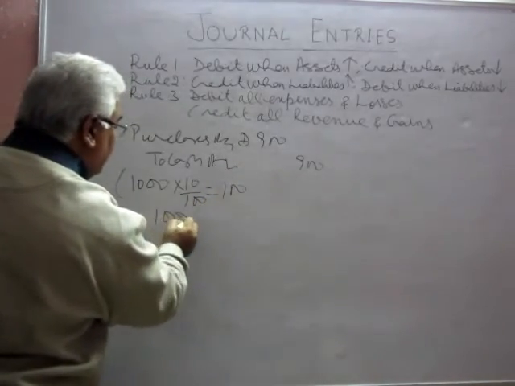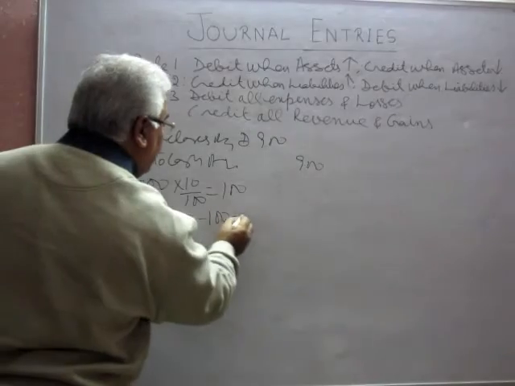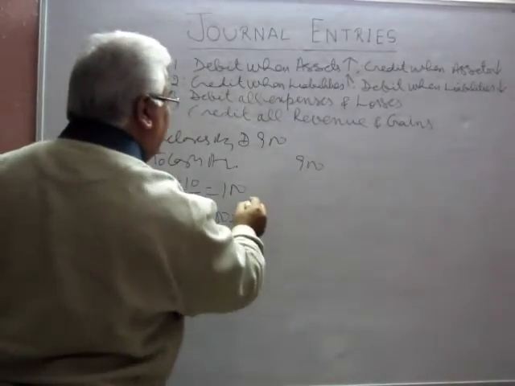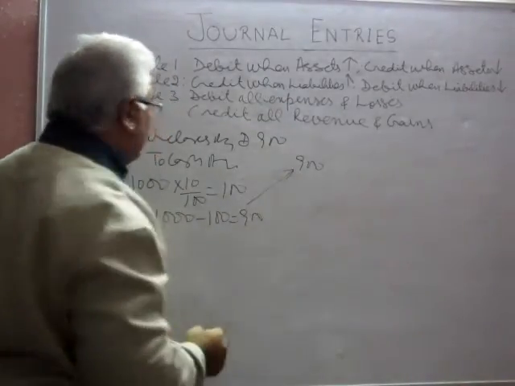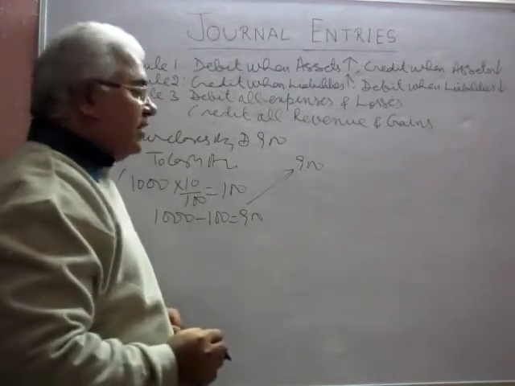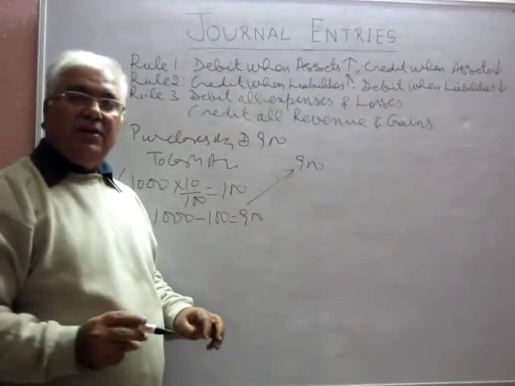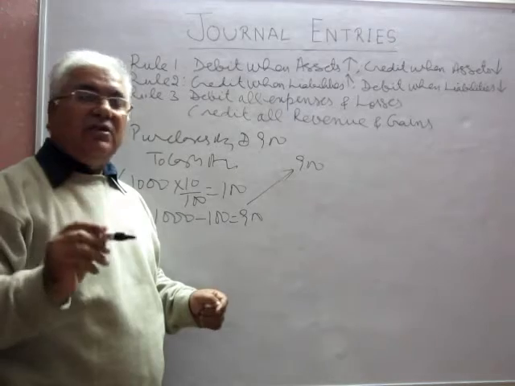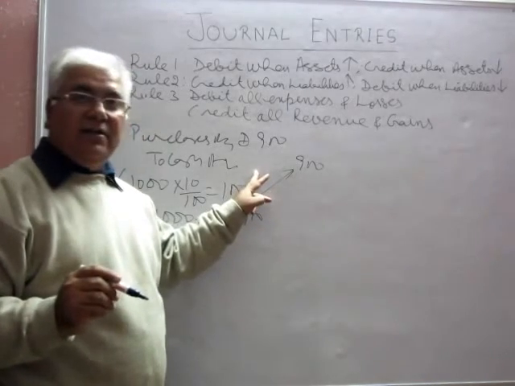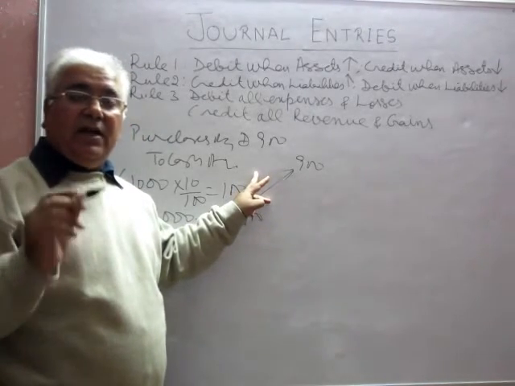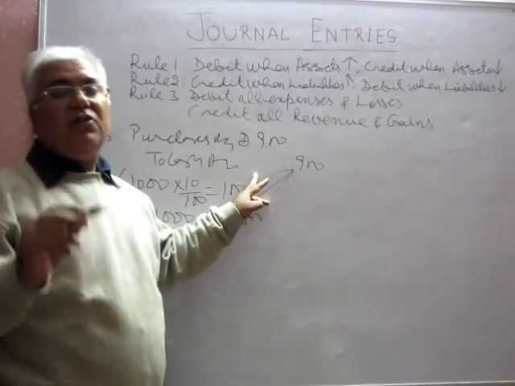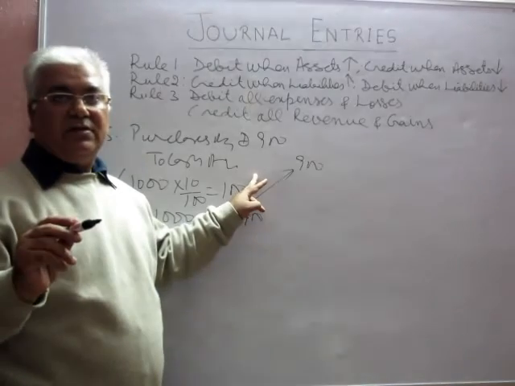So 1000 minus 100, 900. So entry will be made only for 900 rupees and not for 1000 rupees. This is all about trade discount. Trade discount never enters our journal entry, but the other discount, which is cash discount, that always enters our books.